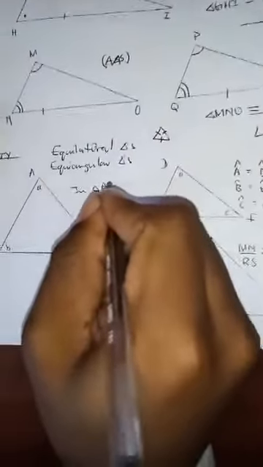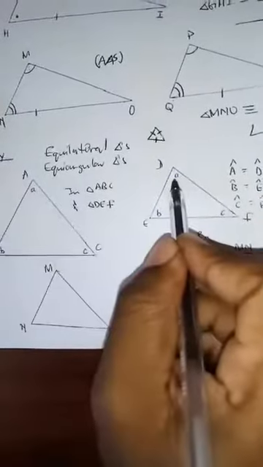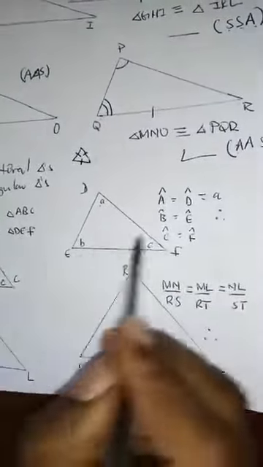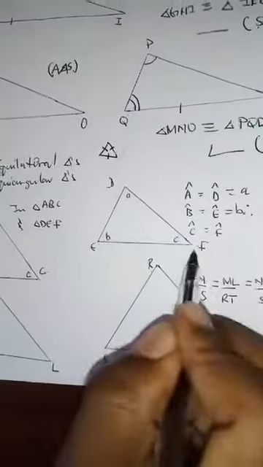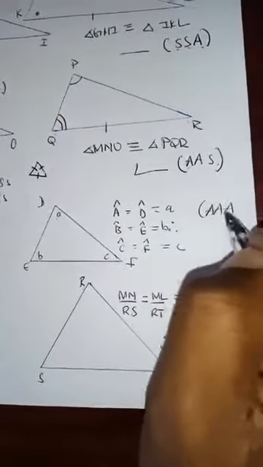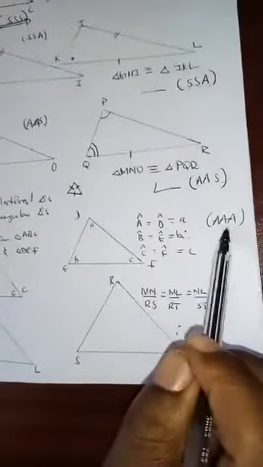So if you pay attention here in triangle ABC and triangle DEF, you have angle A being equal to angle D, angle B being equal to angle E, and angle C equal to angle F. So three corresponding angles of two different triangles are equal.